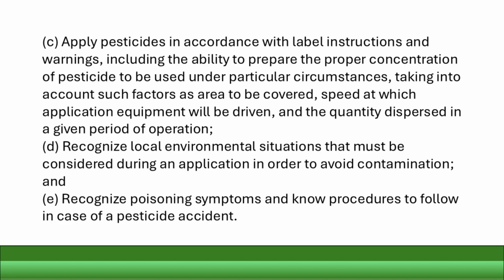D. Recognize local environmental situations that must be considered during an application in order to avoid contamination. And E. Recognize poisoning symptoms and know procedures to follow in case of a pesticide accident.